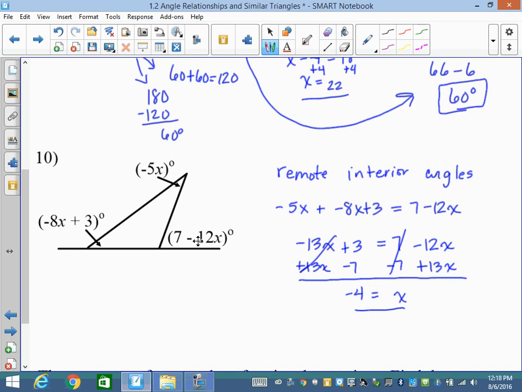So this angle first, negative 5 times negative 4 gives me 20. And negative 8 times negative 4 plus 3 gives me 32 plus 3, which is equal to 35.